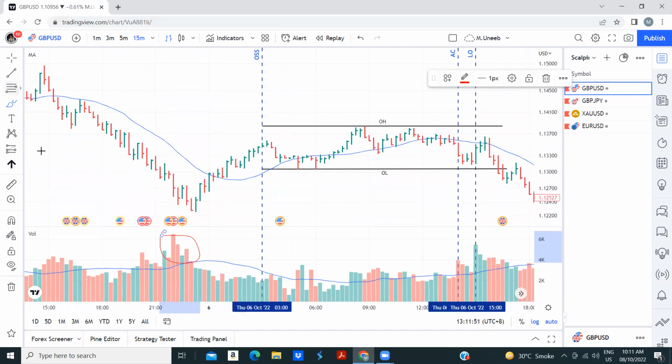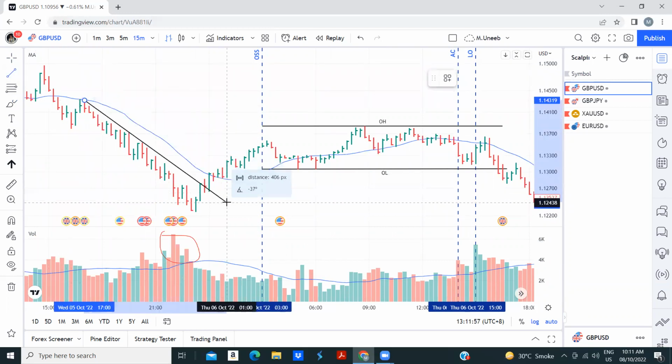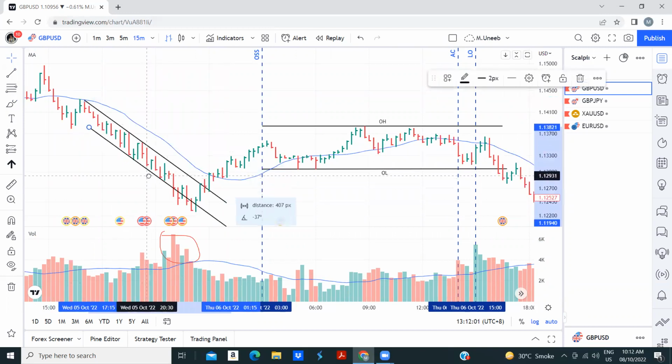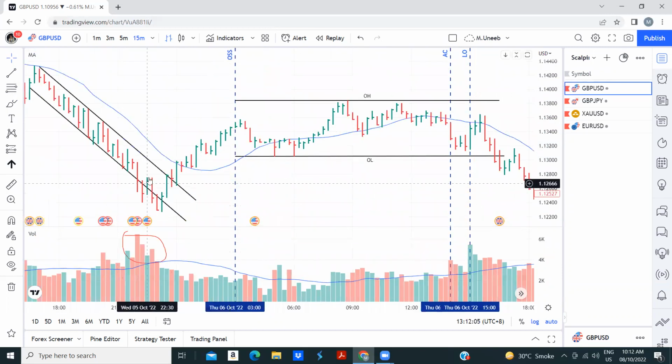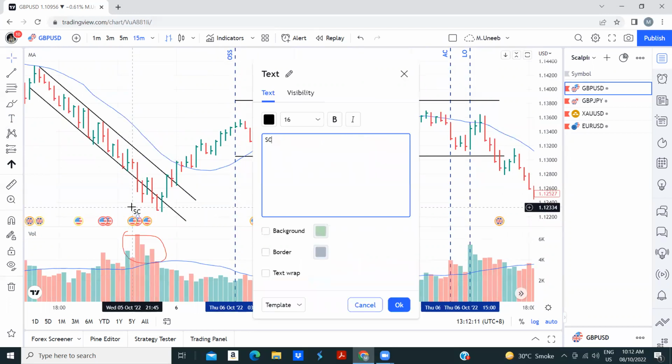If we draw the structure from here before entering here, we do have a selling climax here. So just mark it down as selling climax plus oversold.